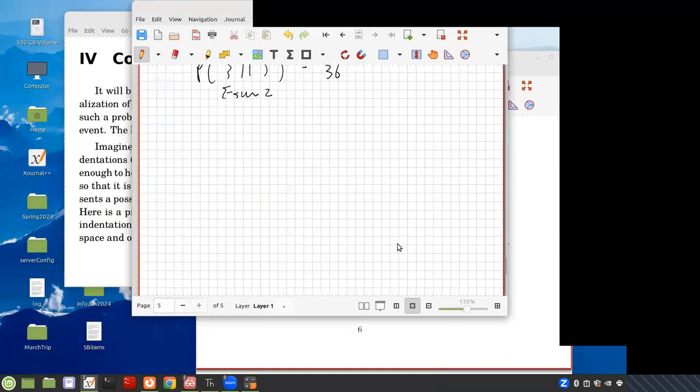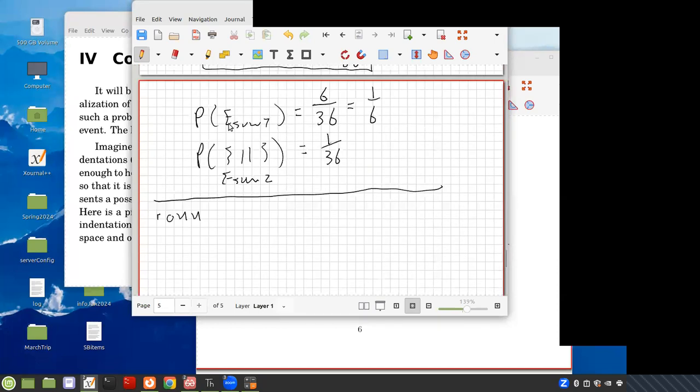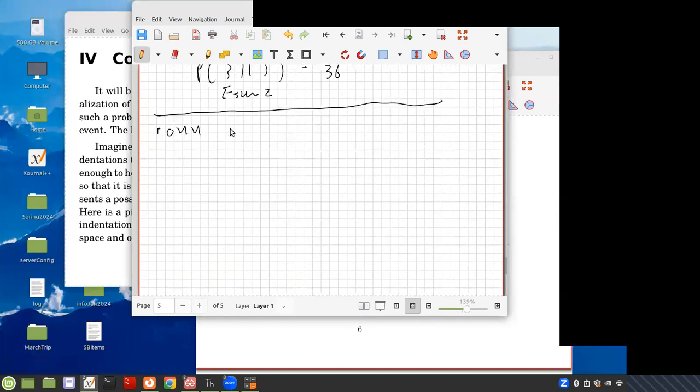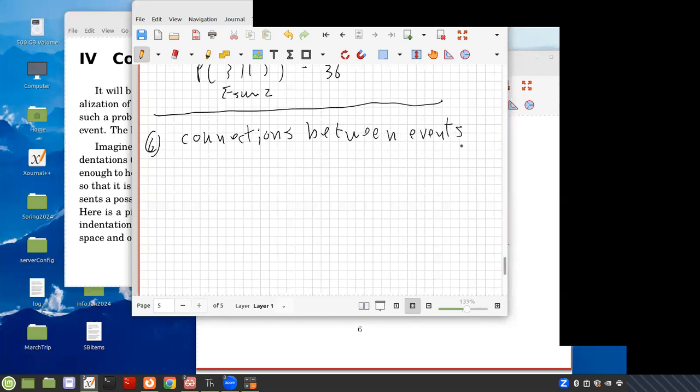Okay. So we have here, this was topic 5, so this is like topic 6: connections between events.